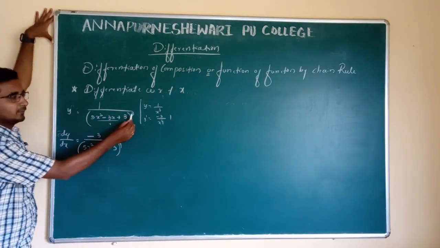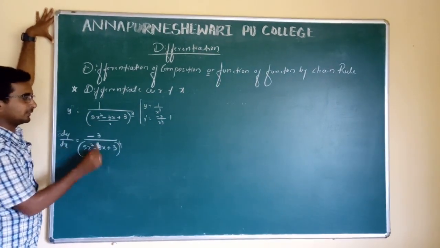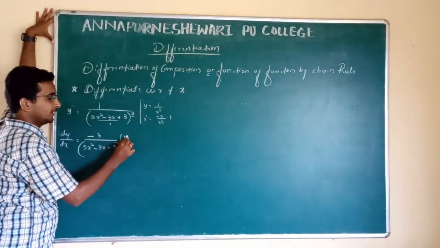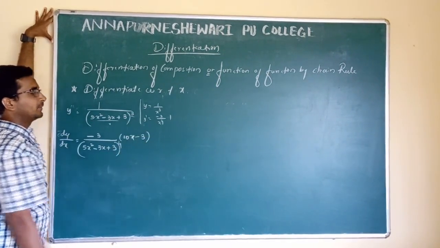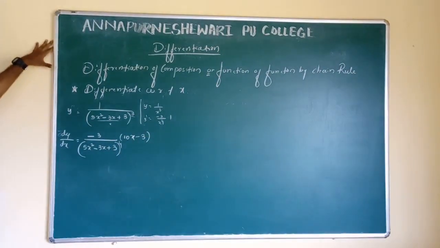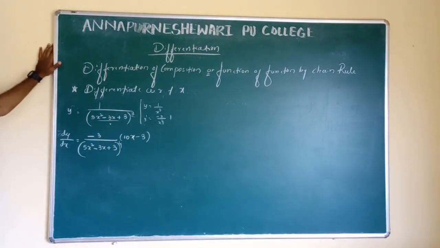So this order is over. Then differentiation of the x terms: 5x square is 10x, minus 3x is minus 3, plus 3 differentiation is 0. So this is the differentiation of this.